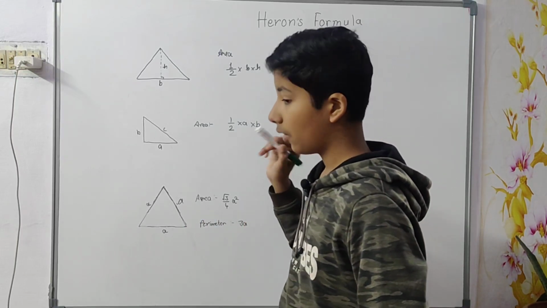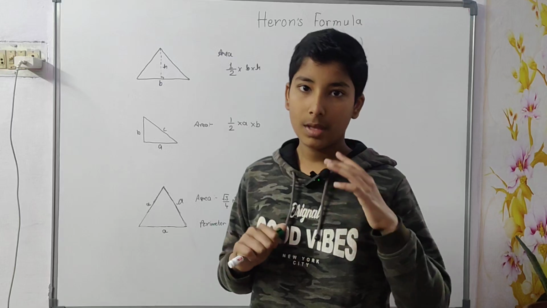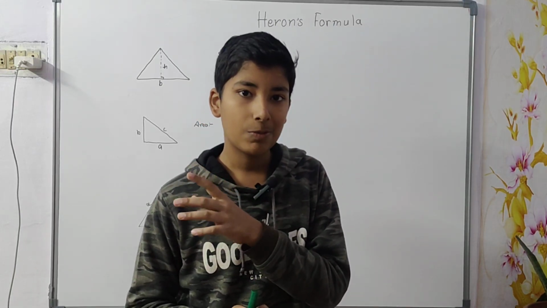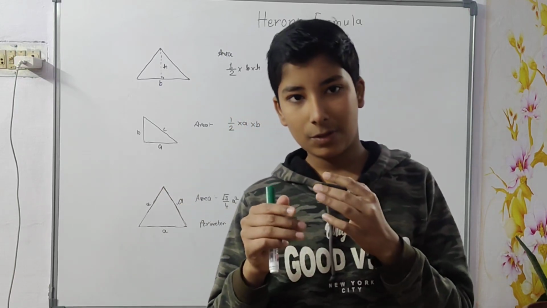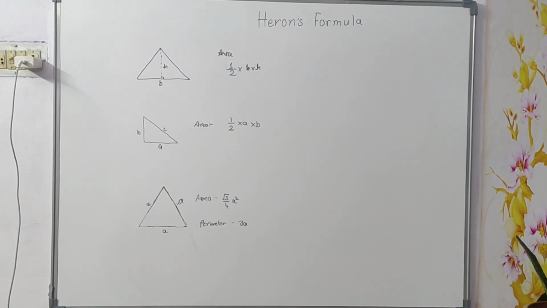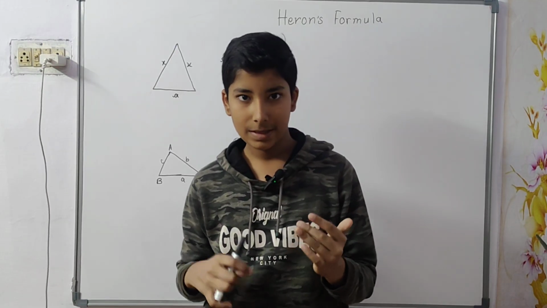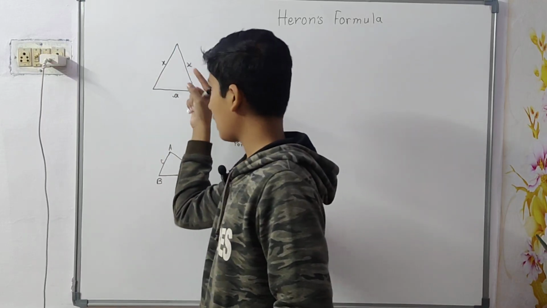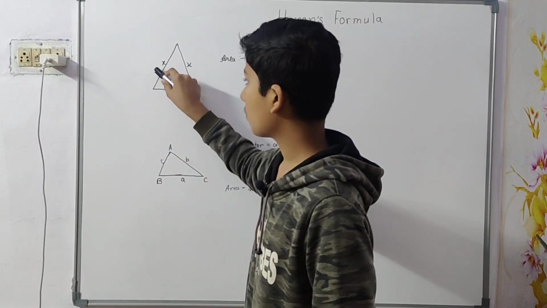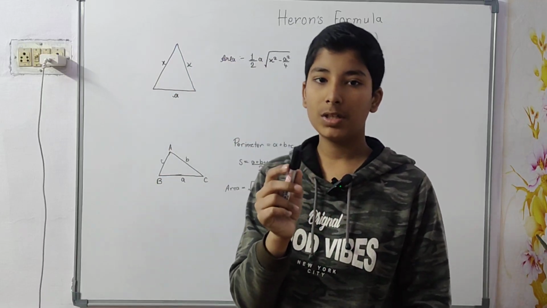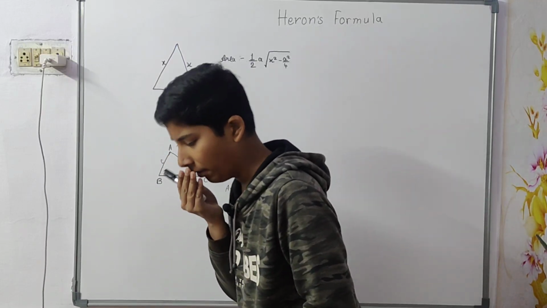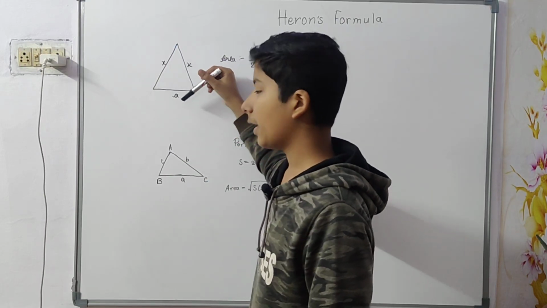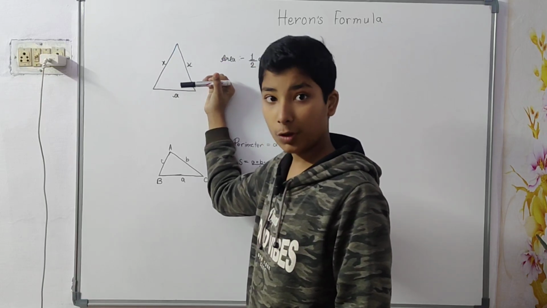Okay. Now our next figures, which are the most important figures, are for Heron's formula and the formula of isosceles triangle. So friends, as you can see, these are two most important. See, this is an isosceles triangle, means these two sides x and x are equal to each other. Sorry, and this a is the different side from both of these.